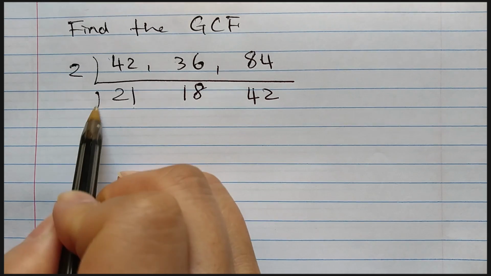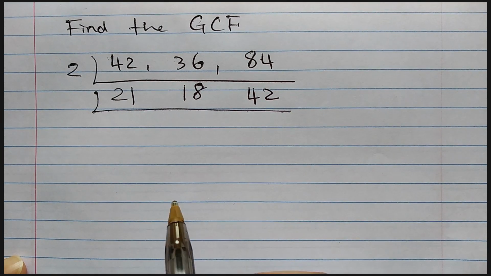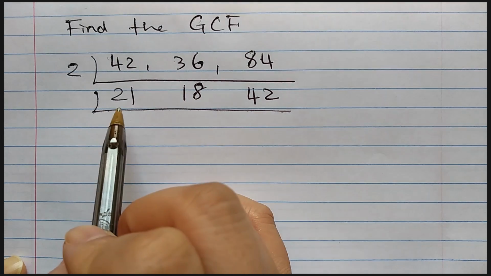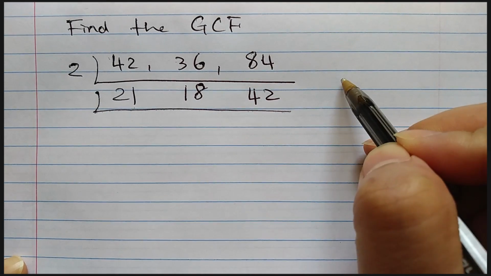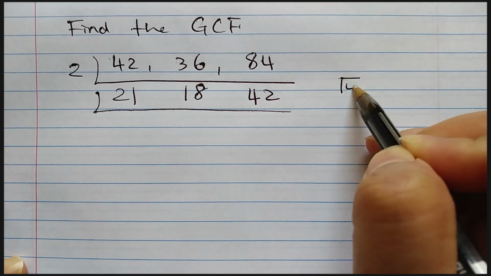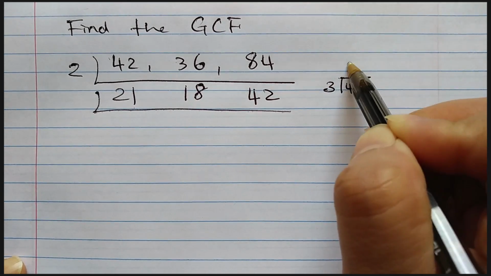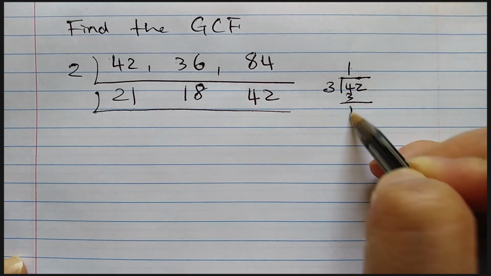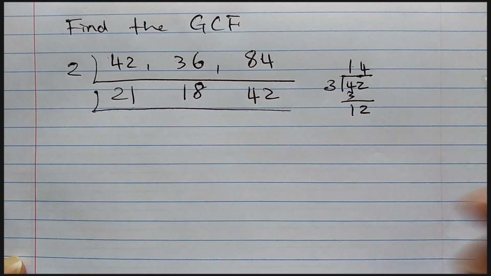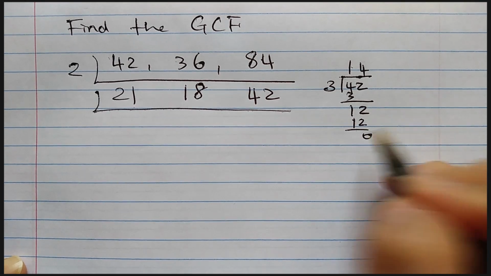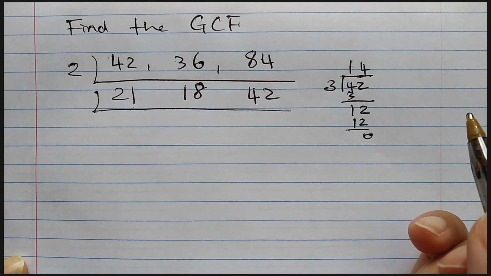Now, what can divide all three numbers here? 3 can divide 21 and 18. But is 3 a factor of 42? So let's do 42 divided by 3 quickly. 1, 3, 12, and 4. So yes, 42 can be divided by 3.